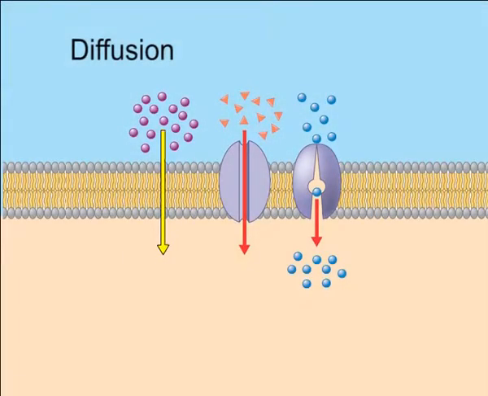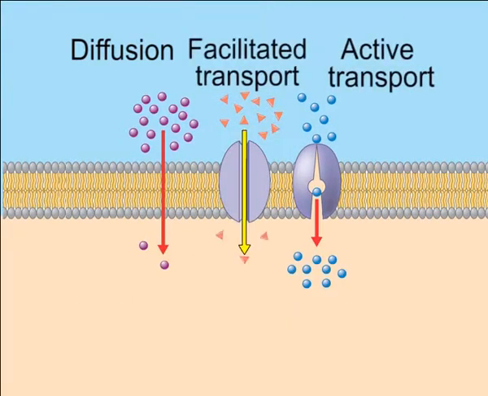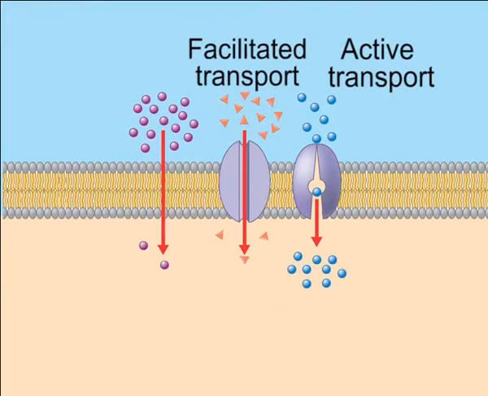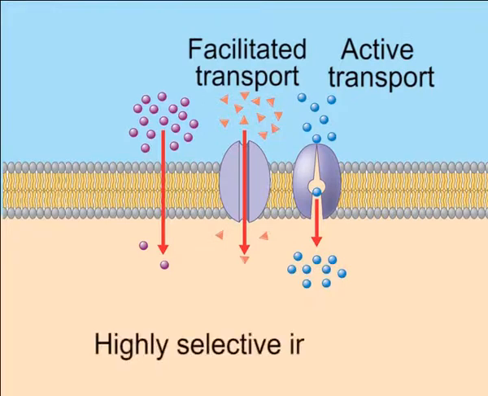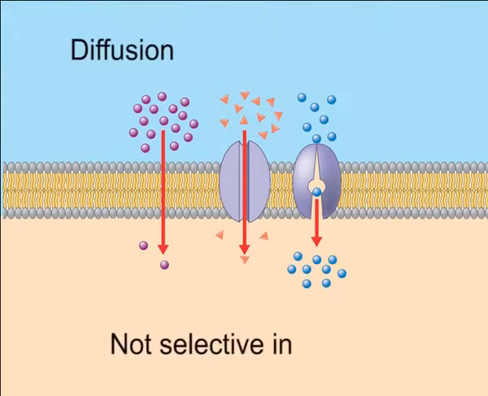In simple diffusion, movement of substances do not require any special membrane proteins, whereas in facilitated transport and active transport, special membrane proteins are required for movement of substances across membrane. Facilitated transport and active transport processes are highly selective in nature, whereas simple diffusion is not selective in nature.